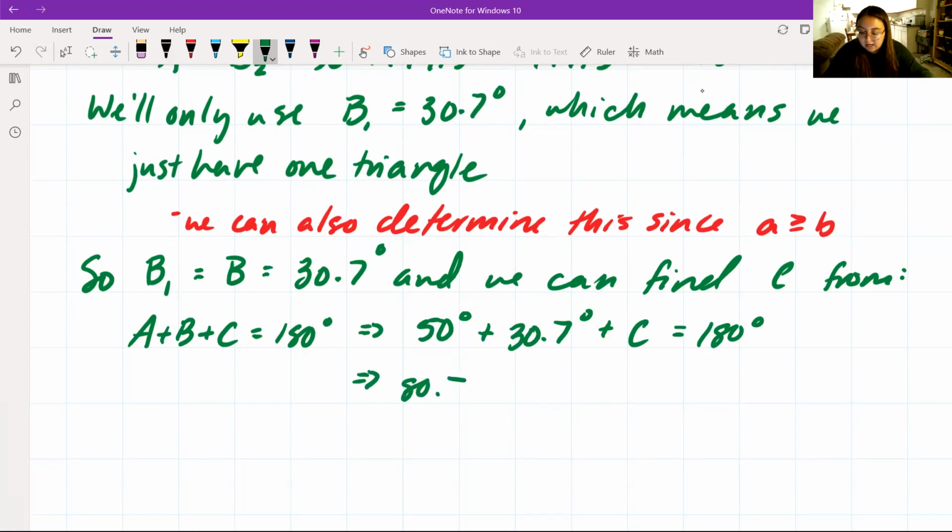So this gives us 80.7 degrees plus C is equal to 180 degrees. So C is equal to 99.3 degrees.